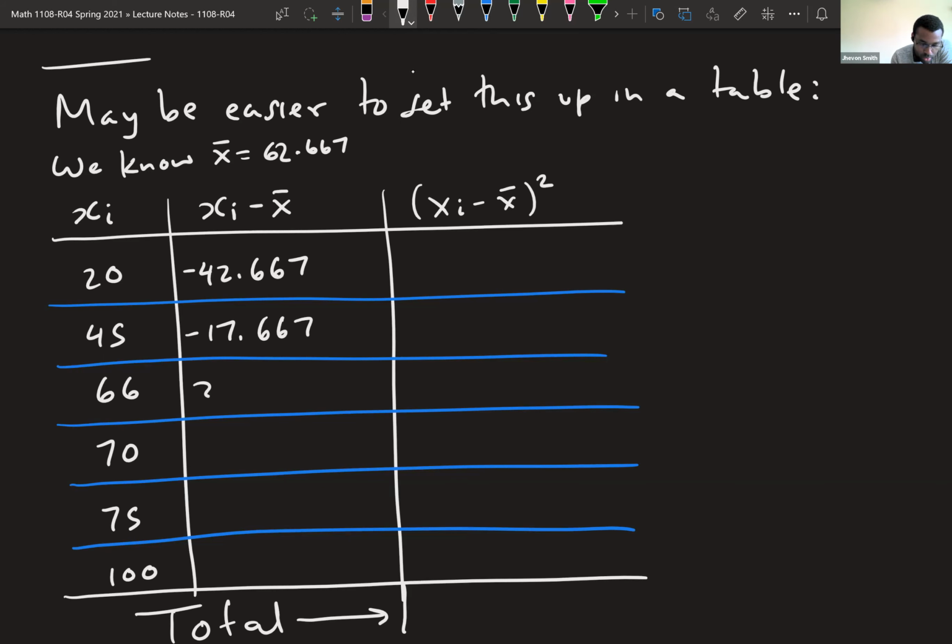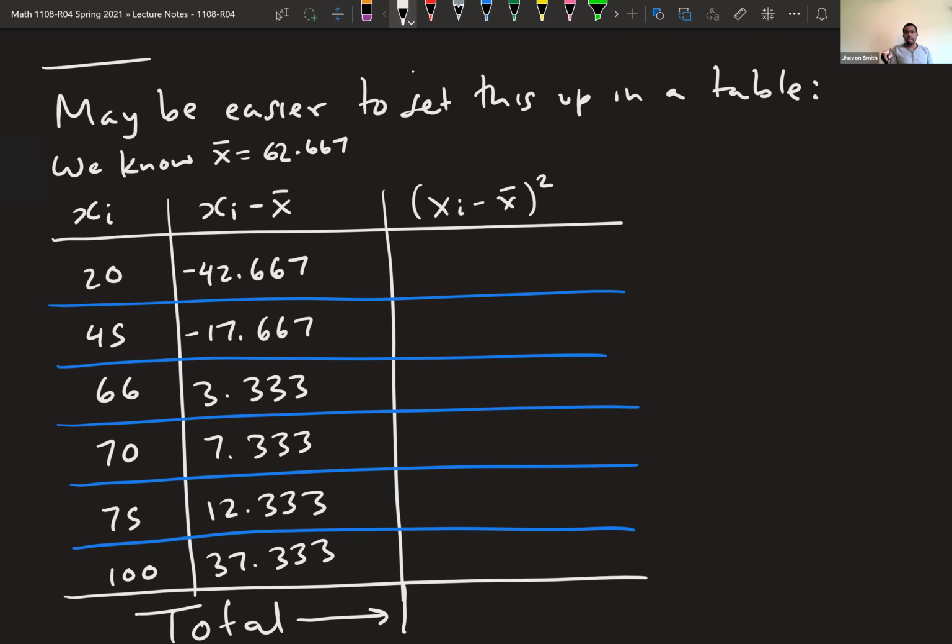Here you would end up with 3.333. Here you would end up with 7.333. Here you would end up with 12.333. And here you'd end up with 37.333. Right? So you just do that.